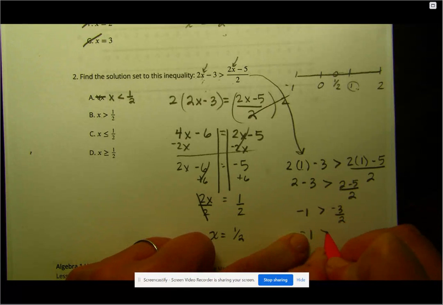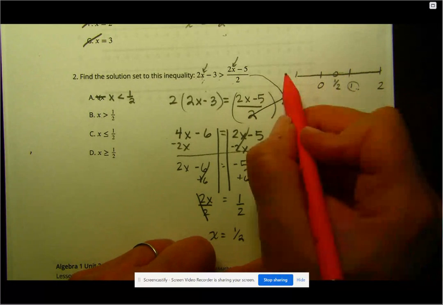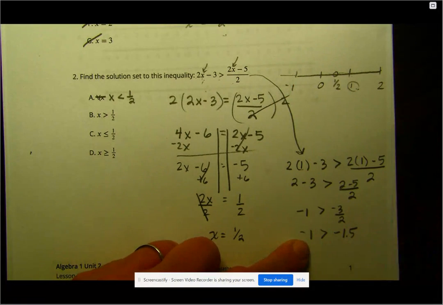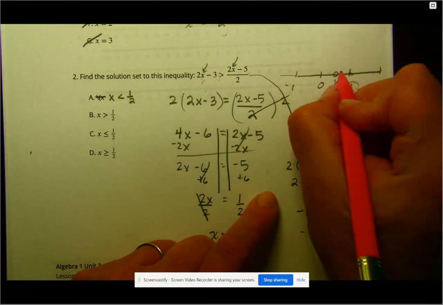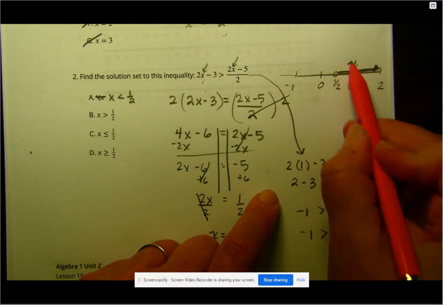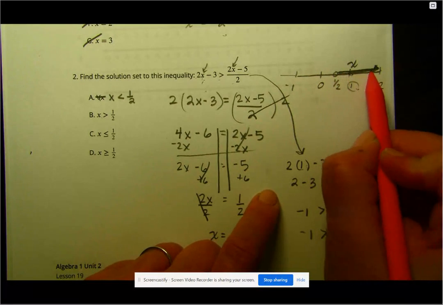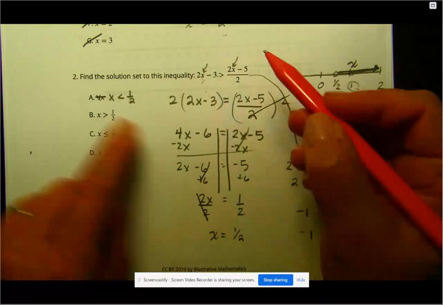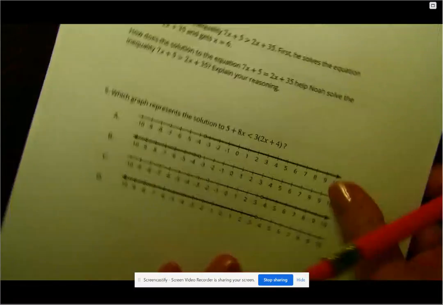Is negative 1 greater than negative 1.5? It actually is. It's further to the right on the number line. Since 1 was a solution, the number we were testing, all of the numbers bigger than 1/2 are solutions. So all x values greater than 1/2 will satisfy this inequality, and that is letter B. Okay, let's try the next number, you don't have to do 3.